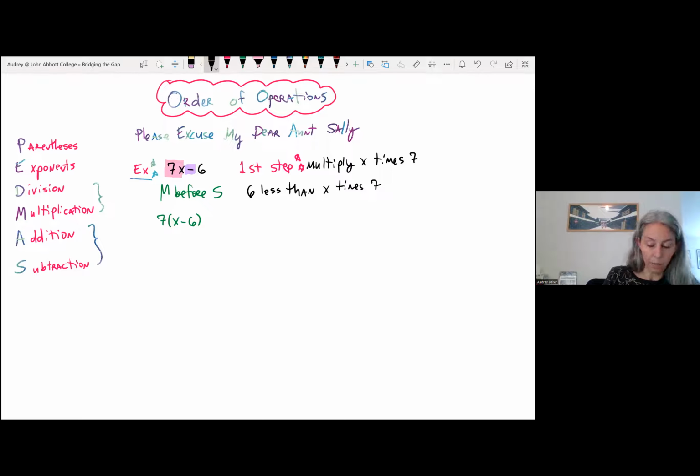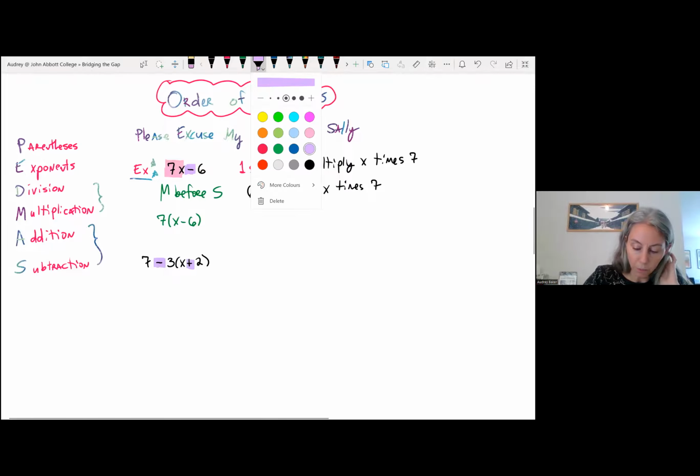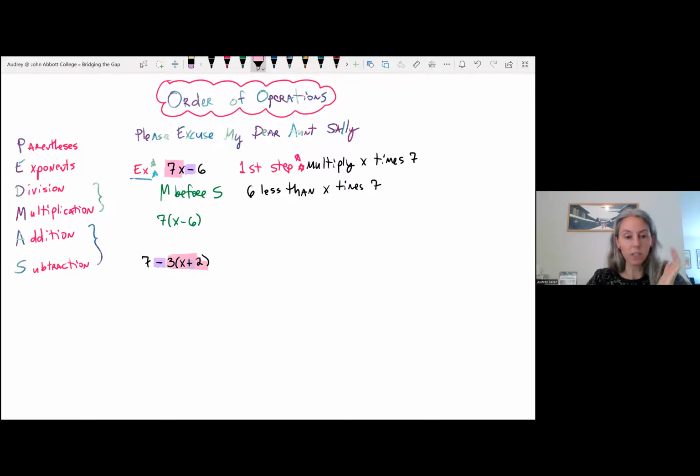Now, another example would be 7 minus 3 times (x plus 2). So here we've got a few things going on. We've got that minus sign right there. We've got a plus sign right here, but we also have this multiplication. And we have the parentheses.